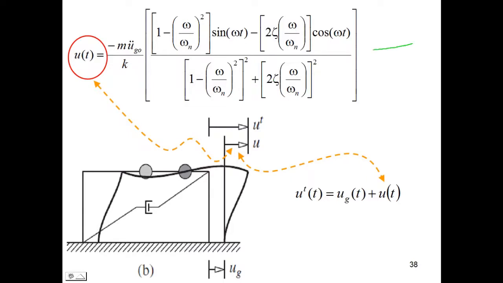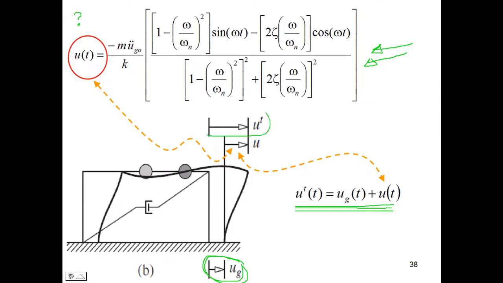The solution to this differential equation is: what does this displacement represent? From chapter 1, we have learned that there are 3 types of displacements associated with earthquake excitation. The displacement of the ground, denoted by u ground.